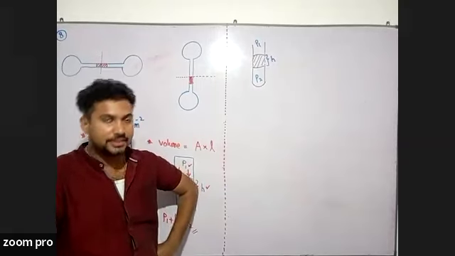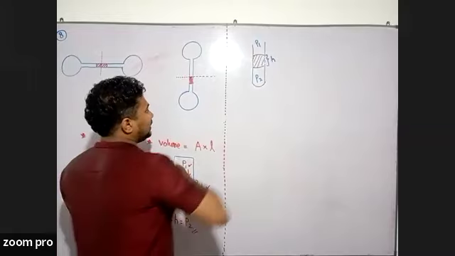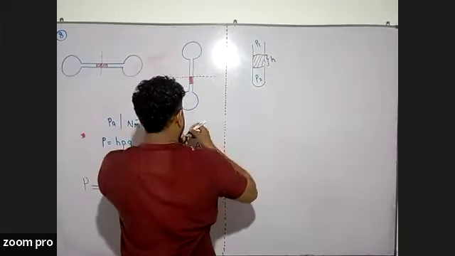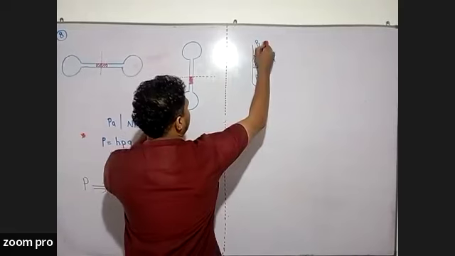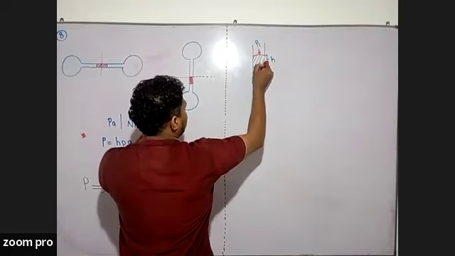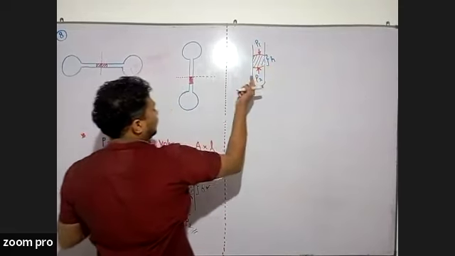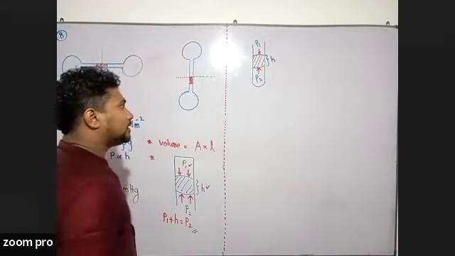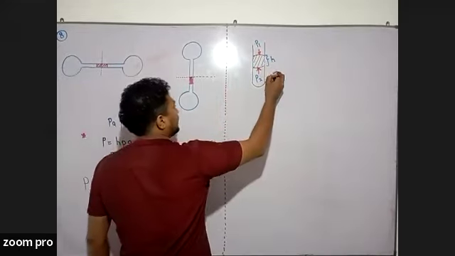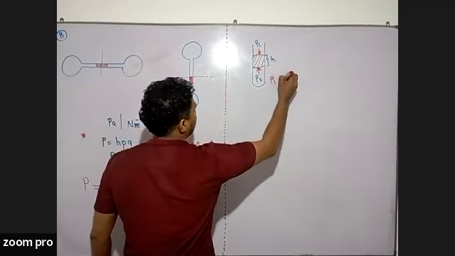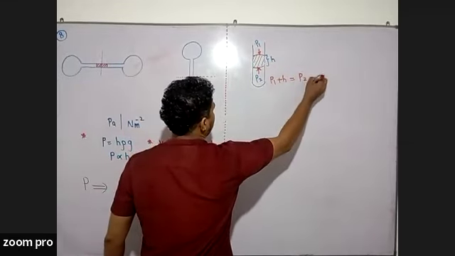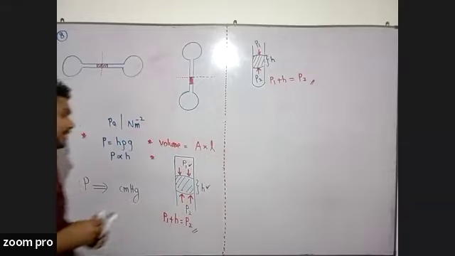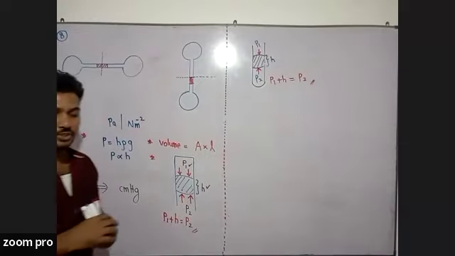What should the relationship be? Definitely, this P1 is exerted vertically downward. This P2 creates pressure on the surface in a vertically upward direction. So we can derive an expression as P1 plus H equals P2. These are some of the theoretical things behind this question.